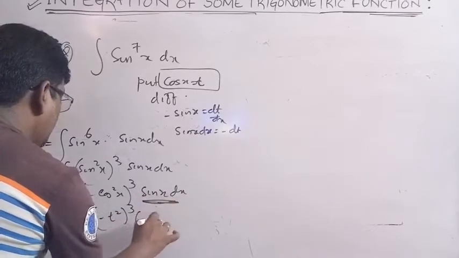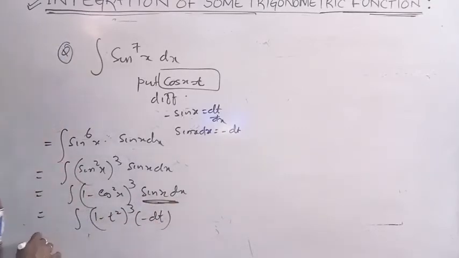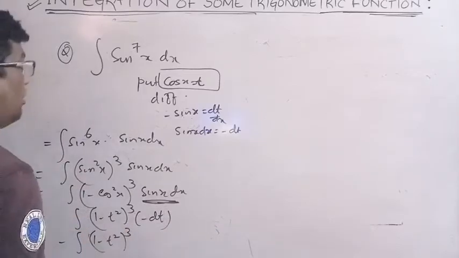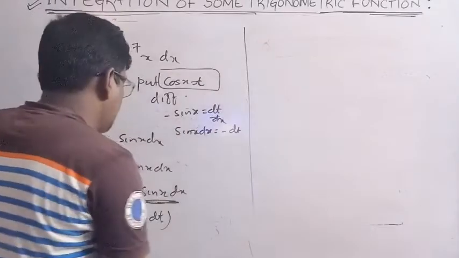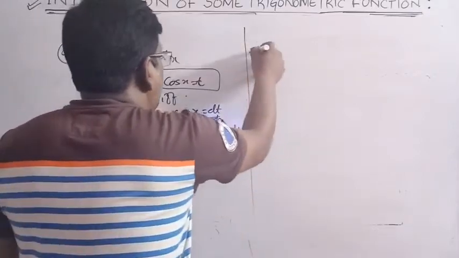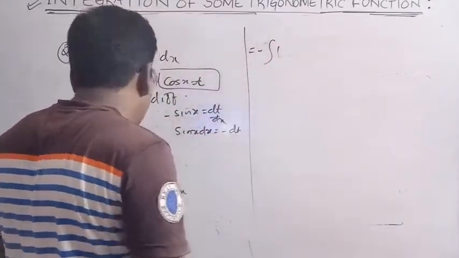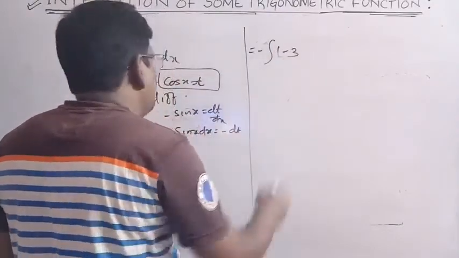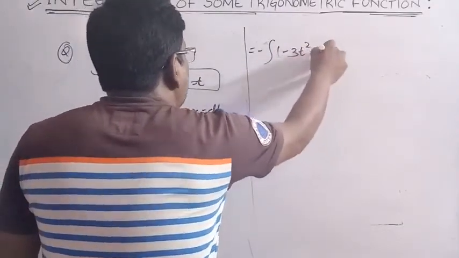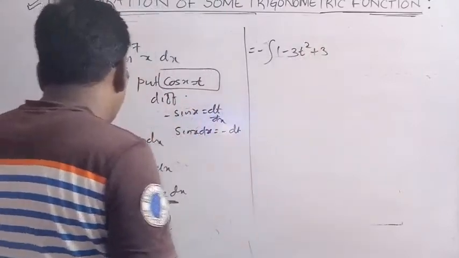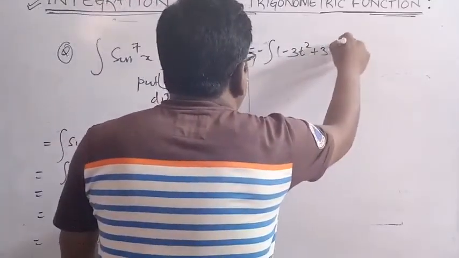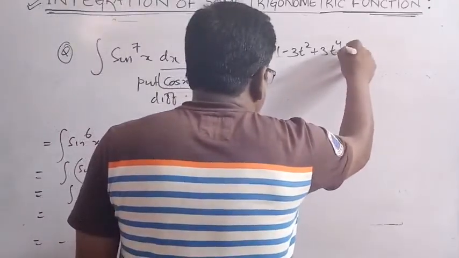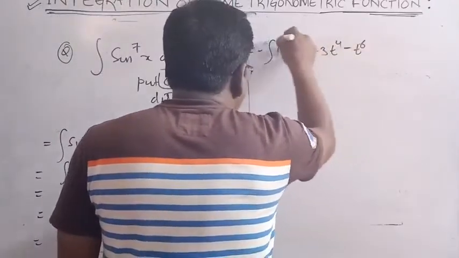So we have minus of 1 minus t square whole cube. Using a minus b whole cube, it is 1 minus 3t square plus 3t fourth minus t to the power 6, into dt.